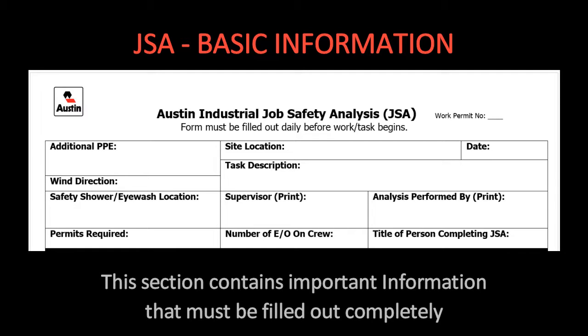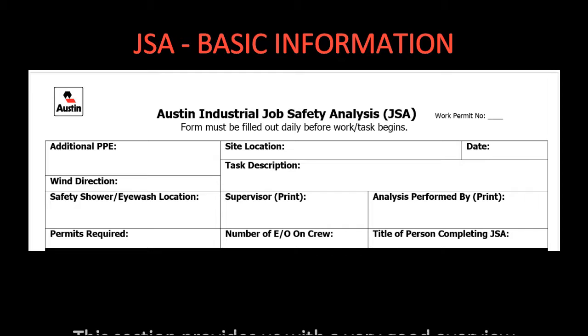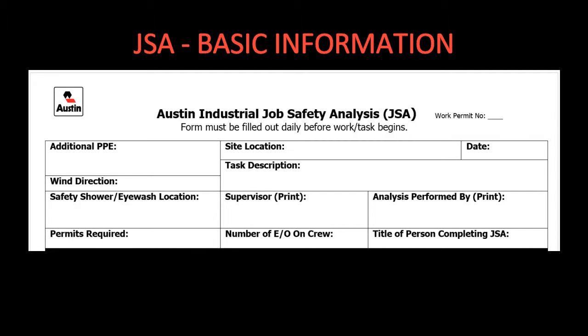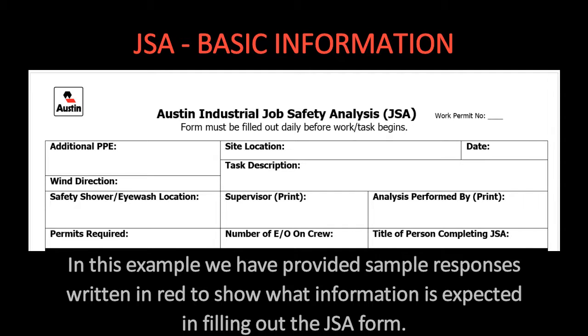This section contains important information that must be filled out completely. This section provides us with a very good overview of the job that we will be performing and basic safety information involved. In this example, we have provided sample responses written in red to show what information is expected in filling out the JSA form.